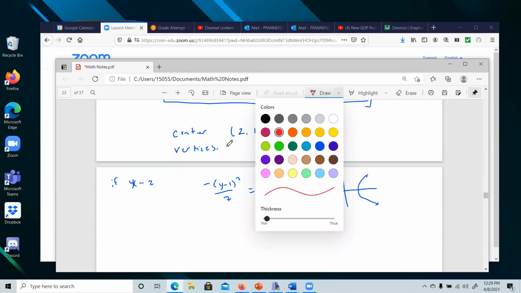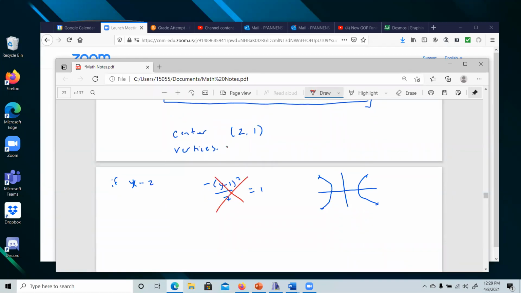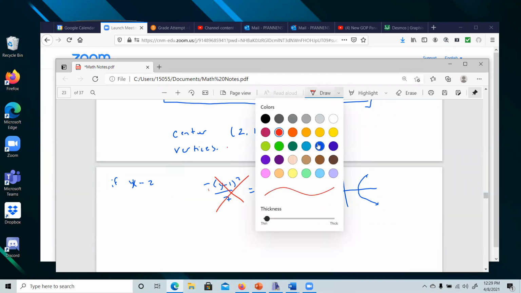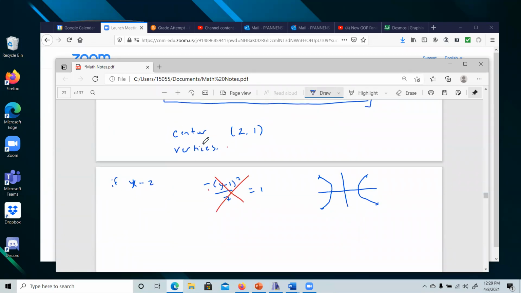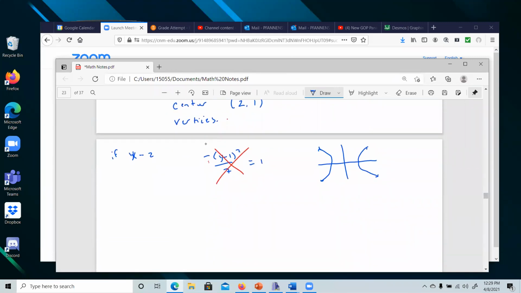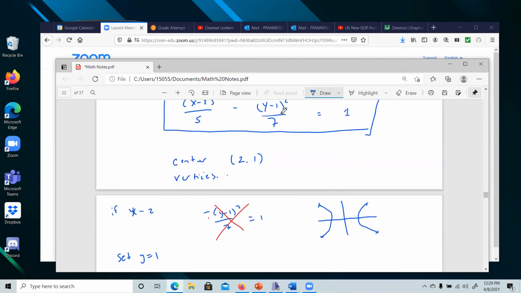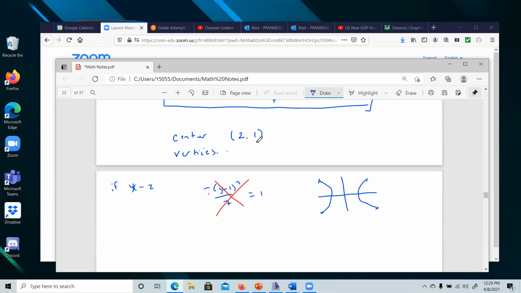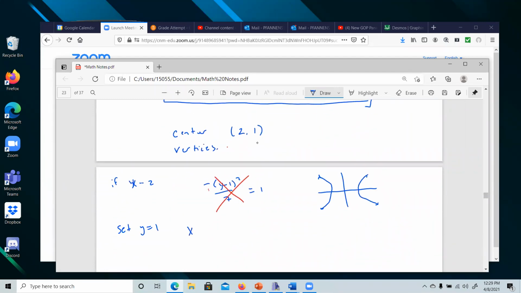Okay. So this is not where the vertices are because this one's negative. So it must be in the other spot. It must be set y equal to 1. So that term drops out. We have x minus 2 squared over 5 equals 1.